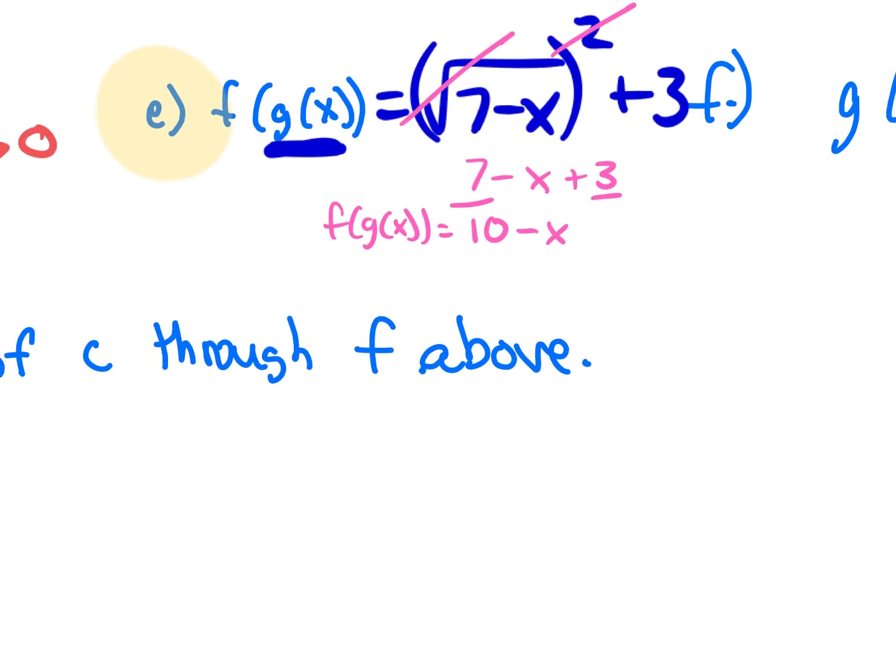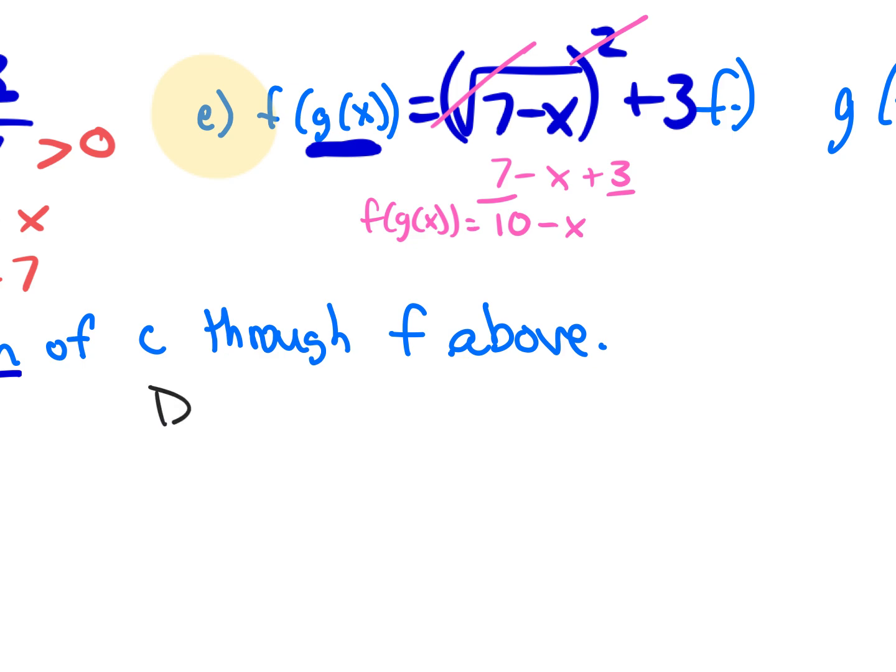Now let's find our domain. Now when we have a domain of a composition function, so when you're composing one function into the other, we only have to check for 2 things. Do you remember what those 2 things are? What do we have to check for to find the domain?